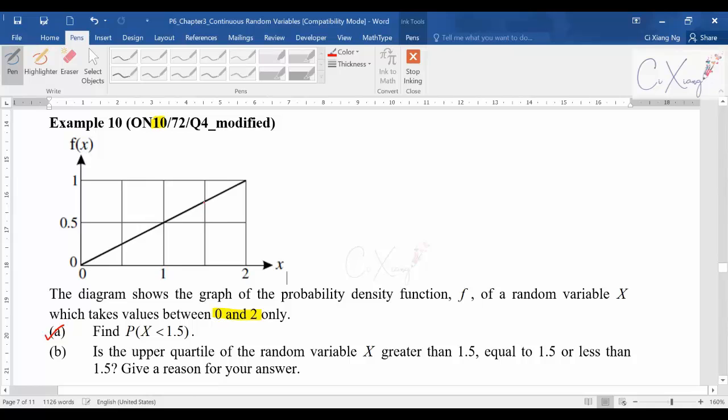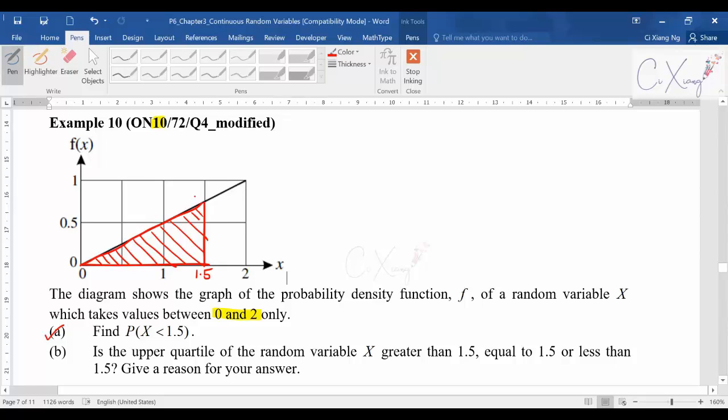So x smaller than 1.5 means that if you look at the figure, this is 1.5, and this is the area that they want you to find. It is a triangle actually. So now the problem is how can we find out this area?